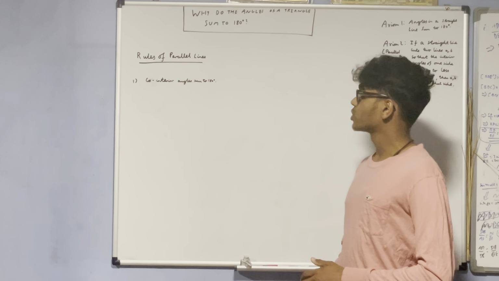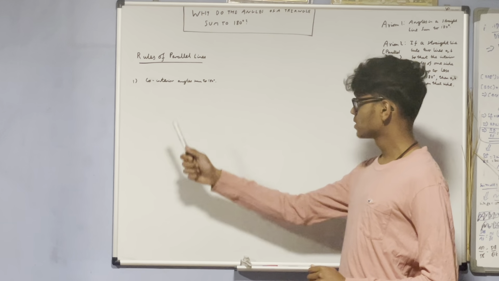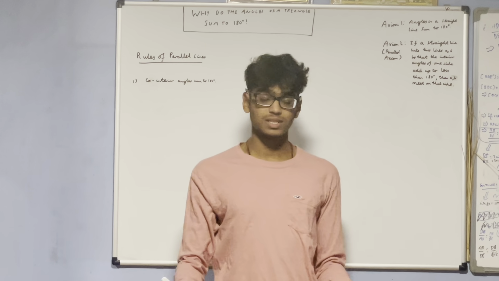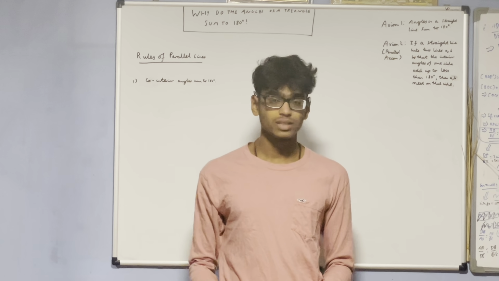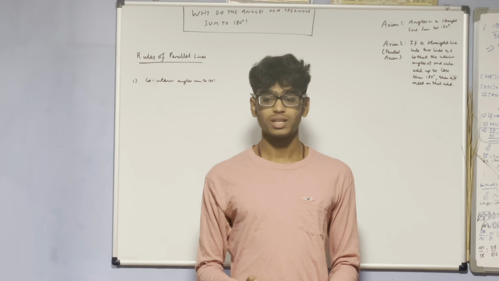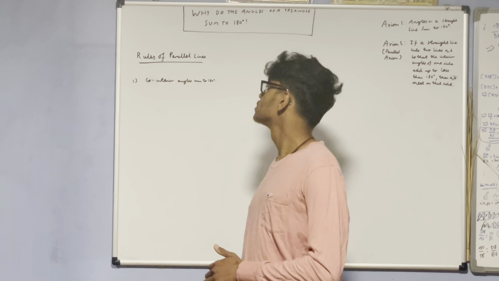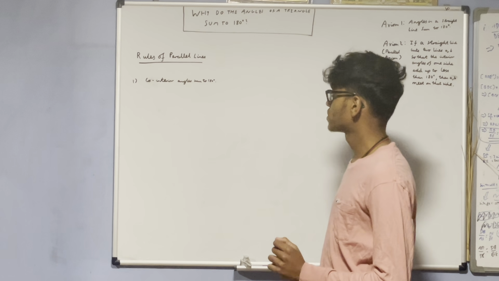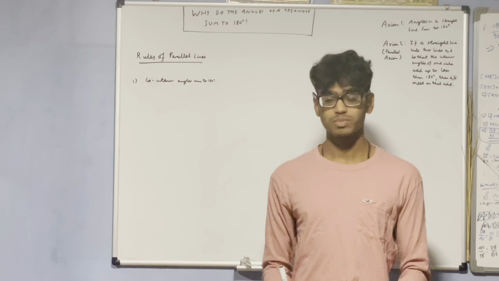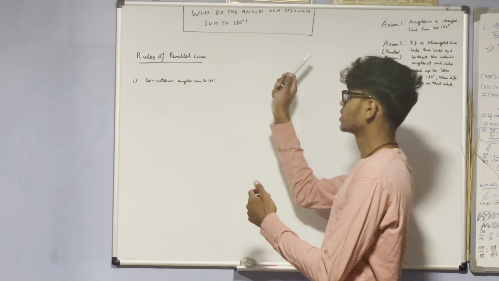To do that, I'm going to look at a couple of rules of parallel lines first, and a couple of what are known as Euclidean axioms, which define typical geometry the way we learn it from primary school, and establish and prove these rules of parallel lines, which are also just seemingly accepted, and then use them to prove that the angles of a triangle do sum to 180 degrees.